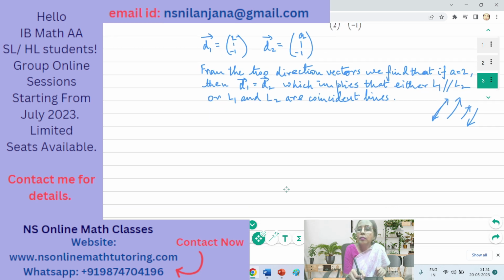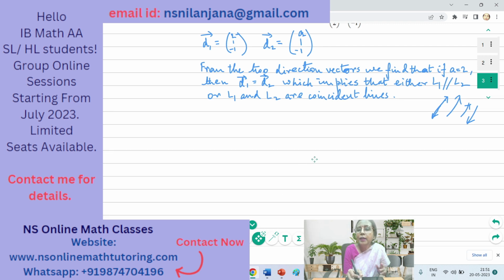So either L1 is parallel to L2 or L1 and L2 are coincident lines. Okay, full stop.